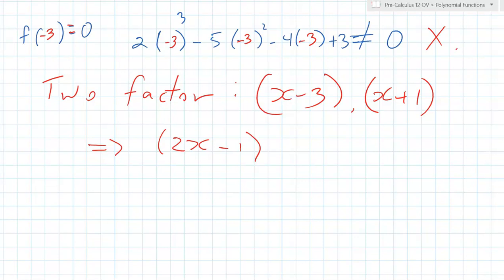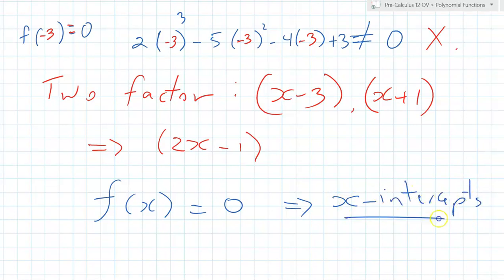All right, couple other things. Remember, when you have your function set equal to 0, it doesn't matter what the number you have, if f of x equals 0, that means you're looking at your x-intercepts for values of x.